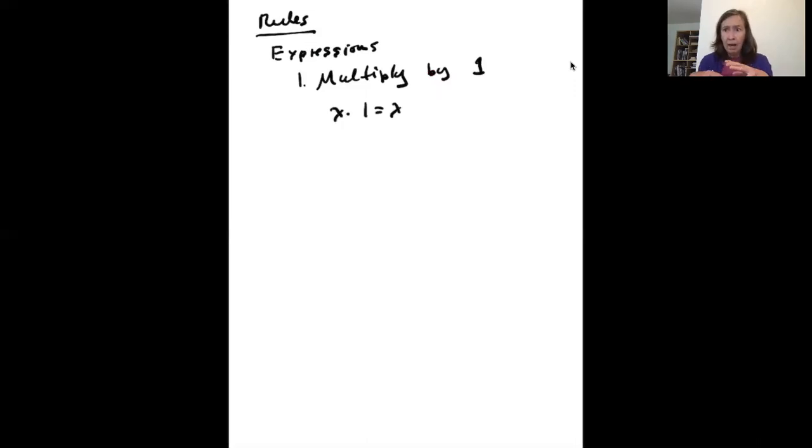No matter how fancy and complicated that x is, if you multiply it by 1, you don't change its value. Another thing we can do is add 0. x plus 0 equals x. Add 0 to something, you don't change the real number that it represents.